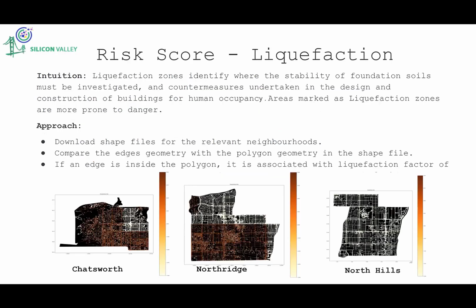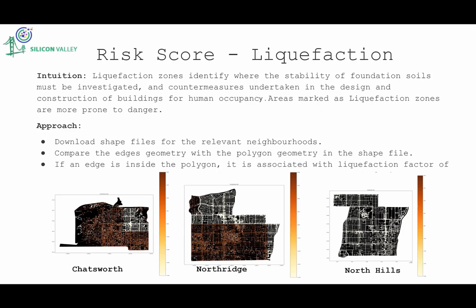The second risk score was liquefaction. Liquefaction zones are defined on the GeoLA website, where zones are identified in which the stability of the soils needs to be investigated. We downloaded the data from the website for the relevant neighborhoods, and the downloaded data was in the form of shape files.